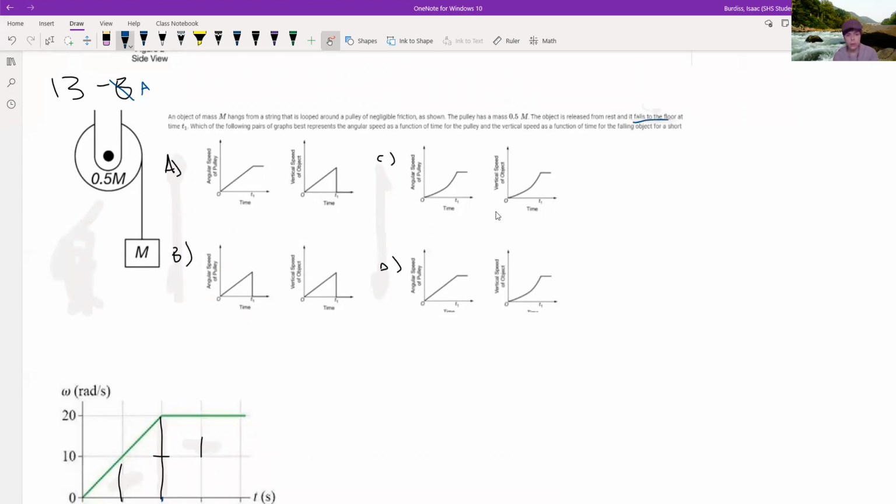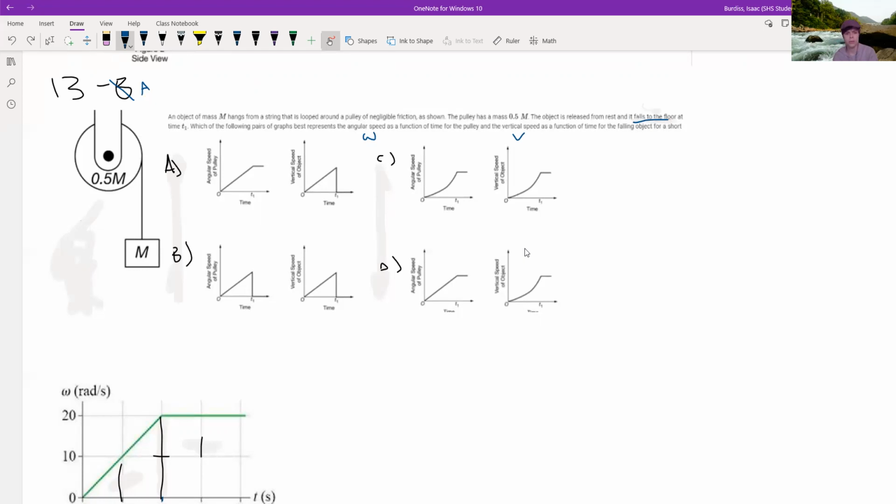Which of the following pairs of graphs shows the angular speed and the vertical speed of the falling object and the pulley?